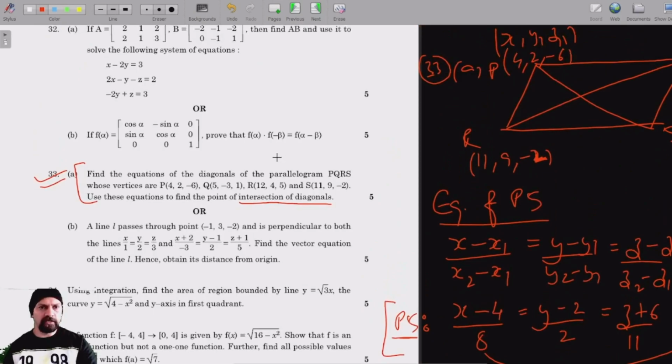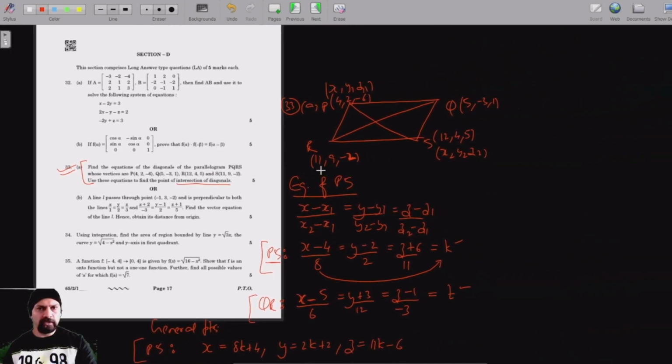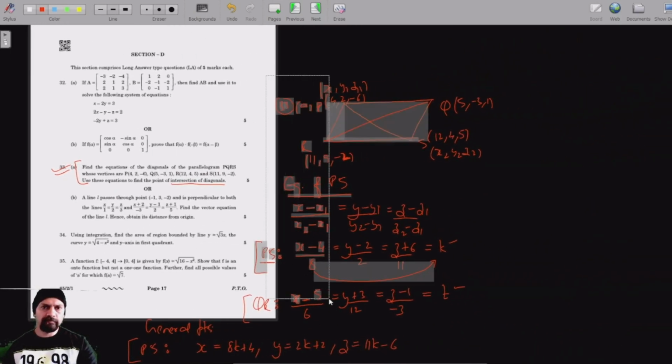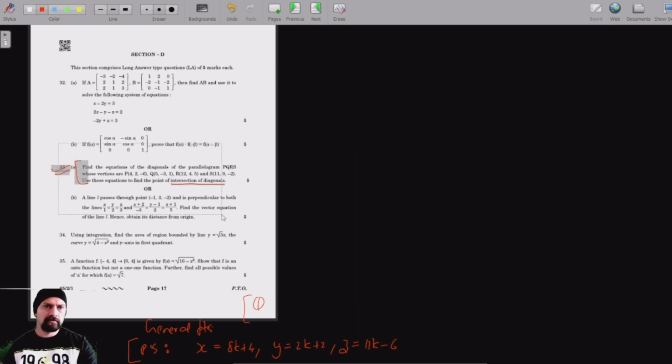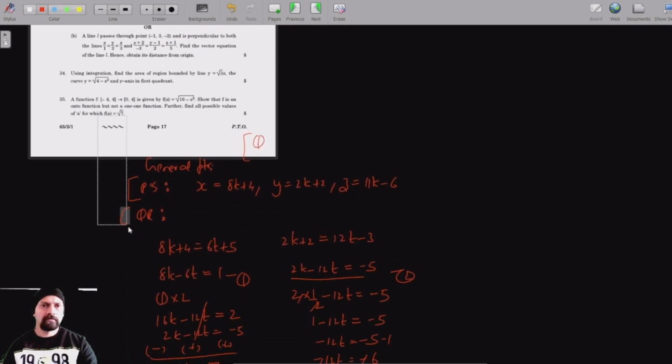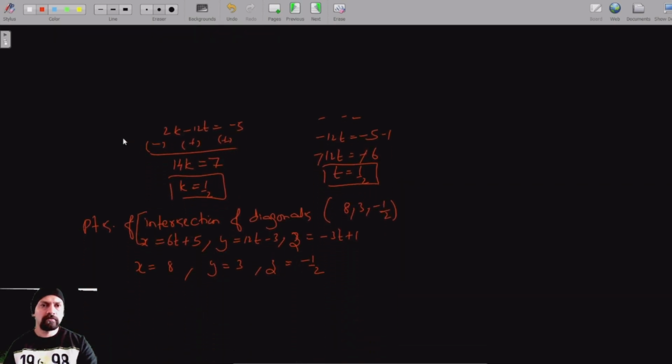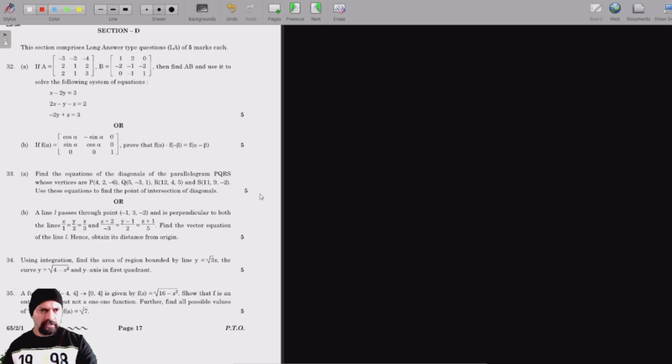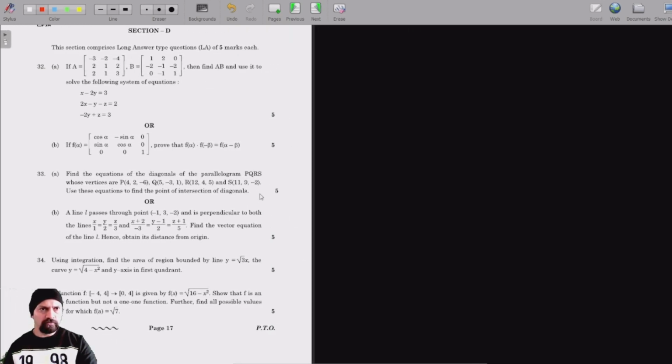Part B says that a line L passes through the point (minus 1, 3, minus 2) and is perpendicular to both the lines.